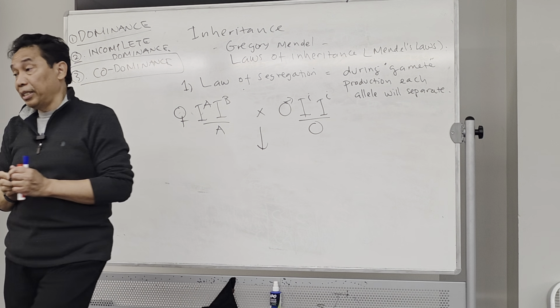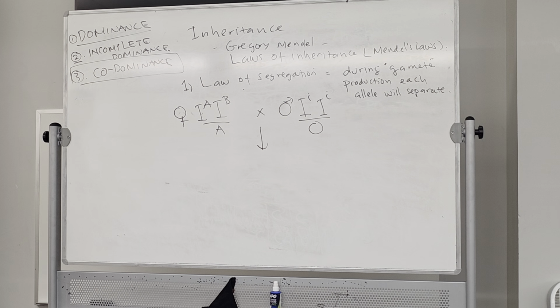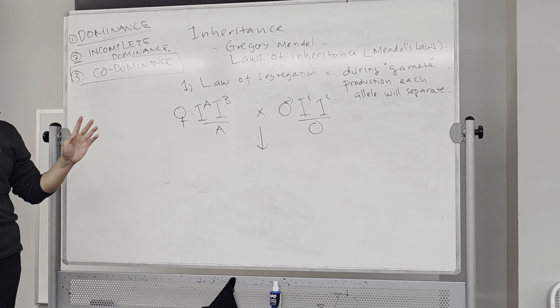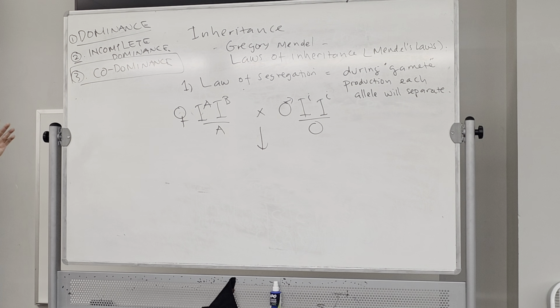Now, if the question is what is the probability of children having a blood type like the mother or like the father? How many of them?